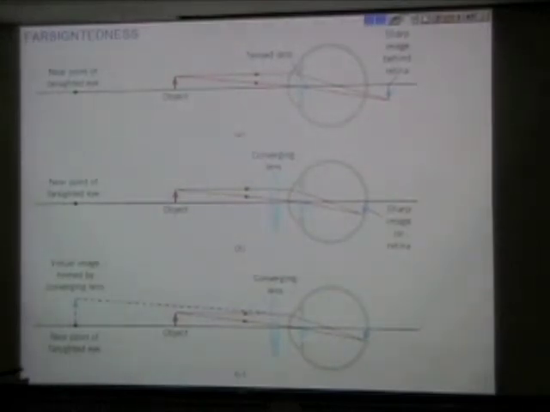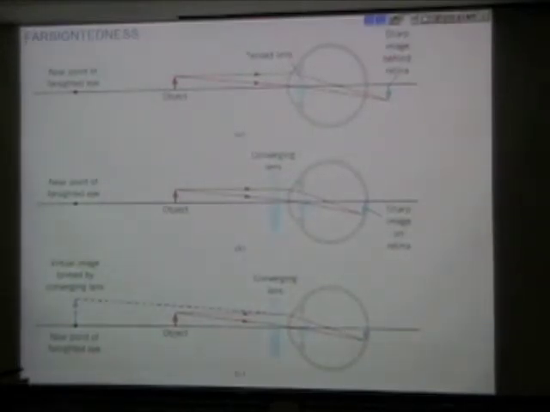Now, farsightedness. That's a different kind of problem. Again, a regular person can clearly see an object up to 25 centimeters from the eye. And farsightedness means a person cannot see objects clearly starting from some larger distance.